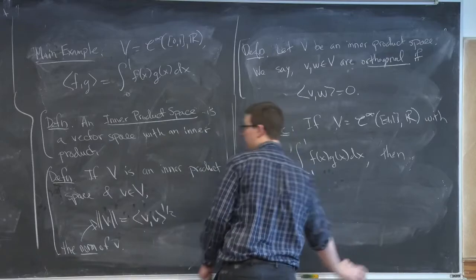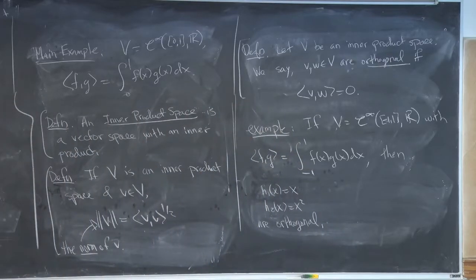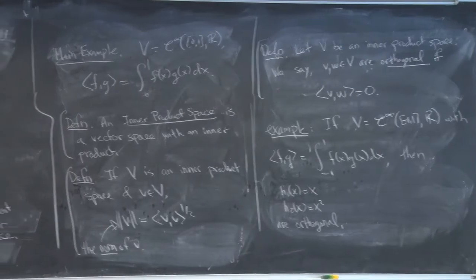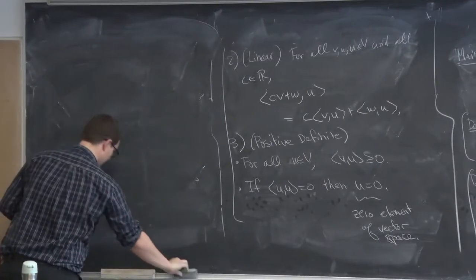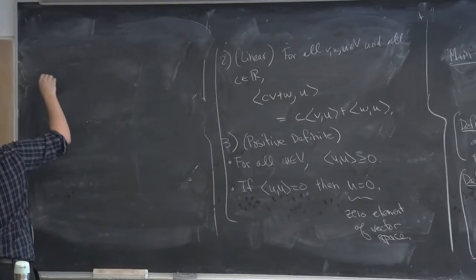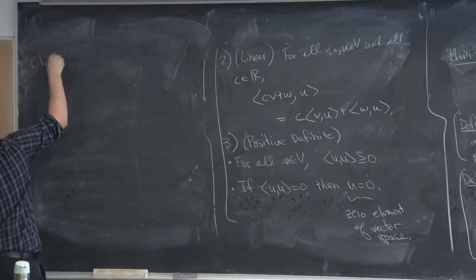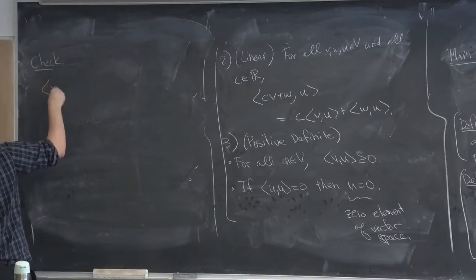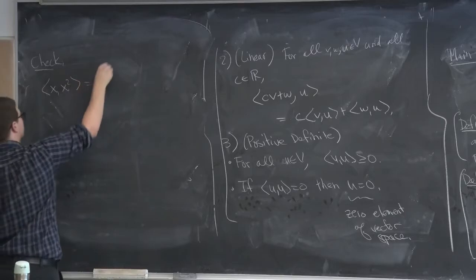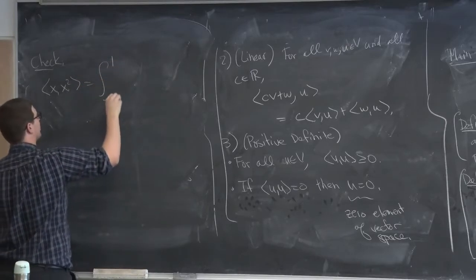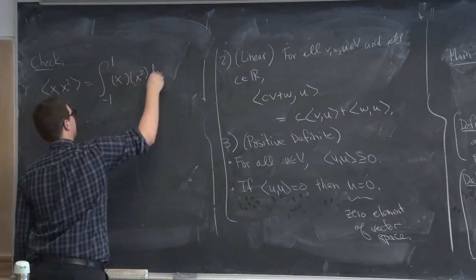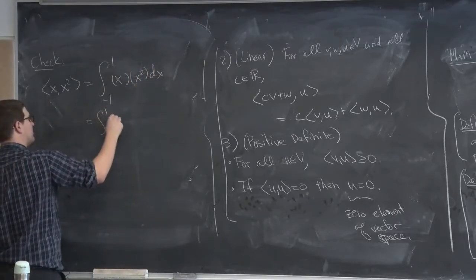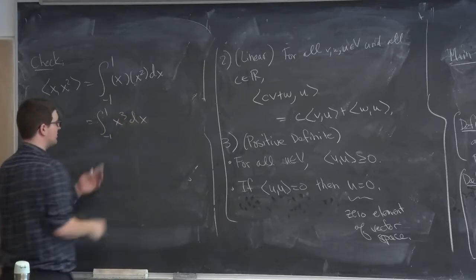Let's check this real quick, and I'll state one fact after this, and we'll be done for the day. So how do we check this? We take the inner product of x and x squared, which is the integral of x times x squared dx, the integral from -1 to 1 of x cubed dx.